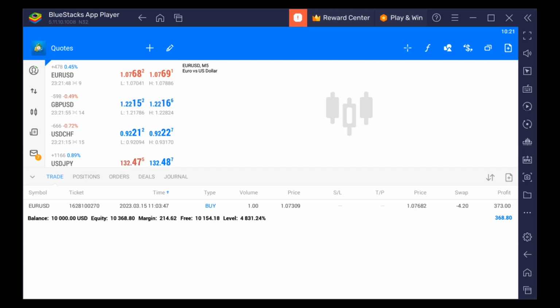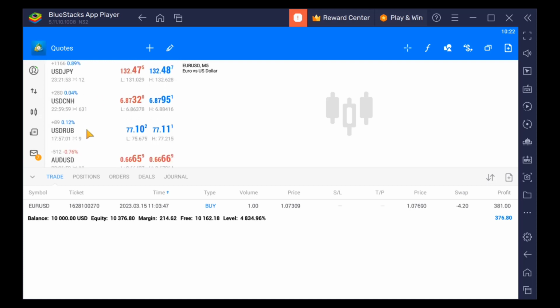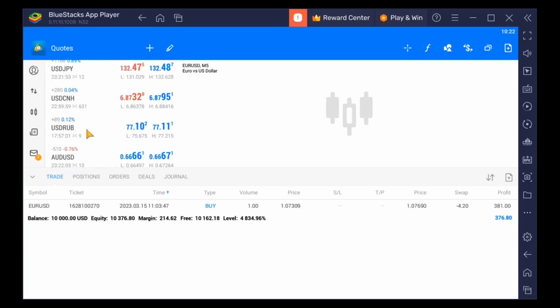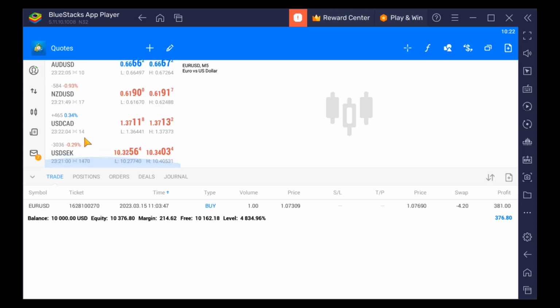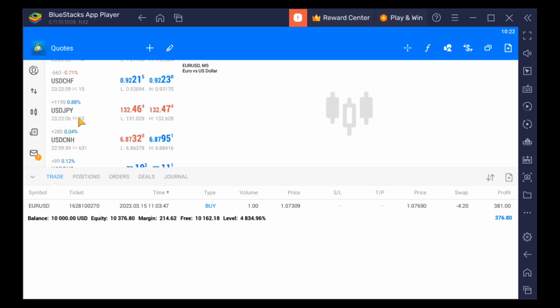If we decrease again, we have another pip. So it's normally four decimal places like this. That's a pip for almost all the pairs. But we have pairs that are connected with JPY. They normally have their own like this. This is the pip. When this changes from 7 to 8, that's an increase by 1 pip.